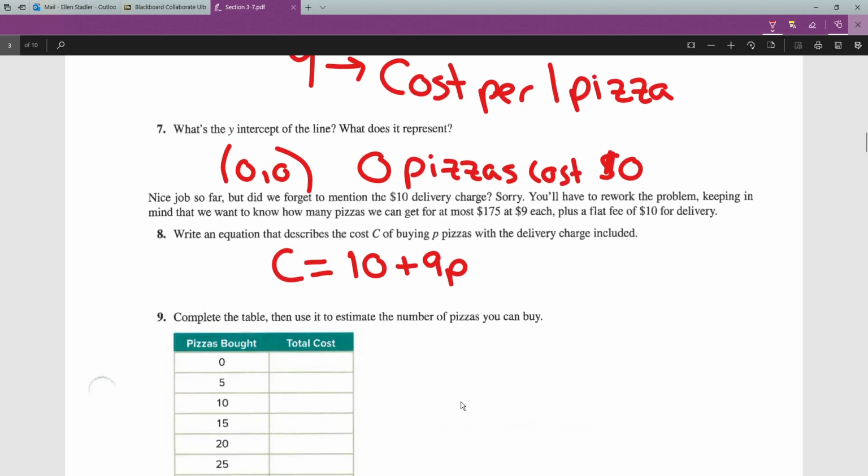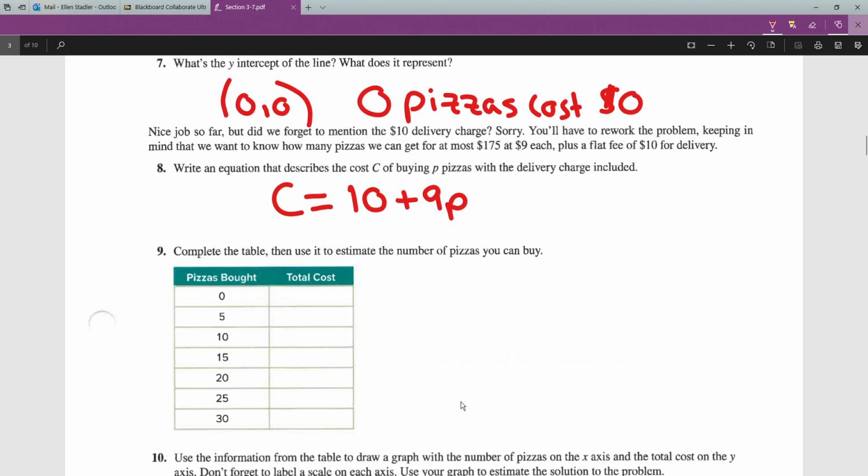So this changes our table some now. And again, I can do this on my calculator like we referred to in lesson 3.6. 0 times 9 is 0, plus 10 is 10. So if I get 0 pizzas, it's going to cost me $10. 9 times 5 is 45, plus 10 is 55. 10 times 9 is 90, plus 10 is 100.